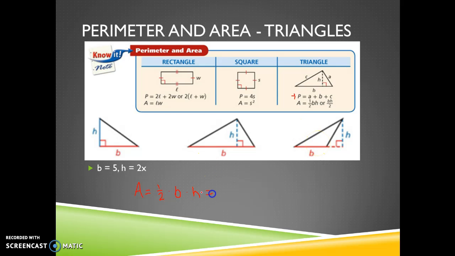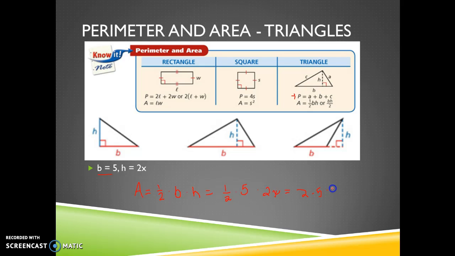So for this example problem, we are given the base, which is going to be 5. So we have 1/2 times the base, which is 5, times the height, which they tell us is 2x. So this is all a string of multiplication, so multiplying from left to right. 1/2 times 5 over 5 divided by 2 is 2.5.